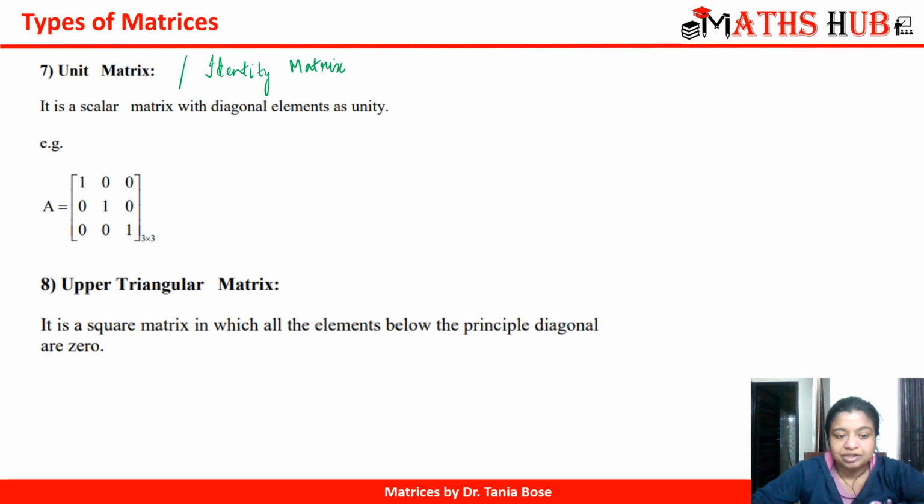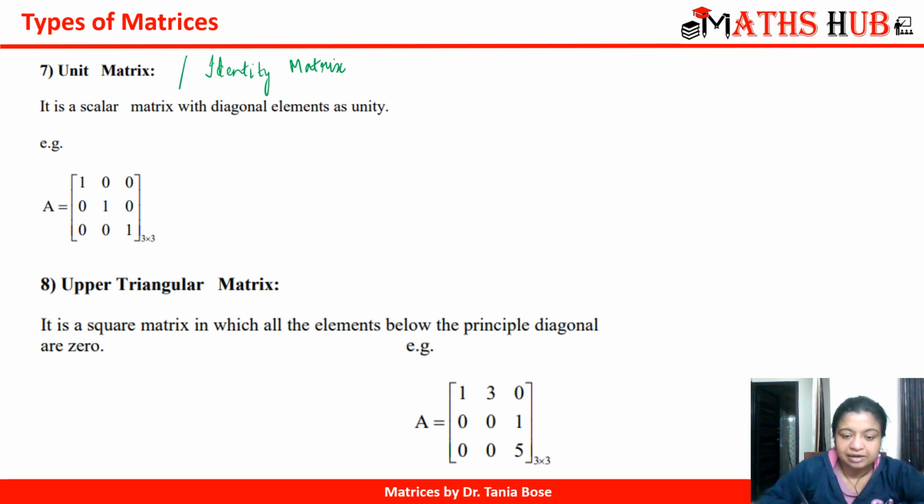Okay. So the next type of matrix is an upper triangular matrix. What happens in an upper triangular matrix? It is again a square matrix in which all the elements below the principal diagonal become zero. So what is the principal diagonal? When we have a square matrix, it is all the positions where the row number and the column number are the same.